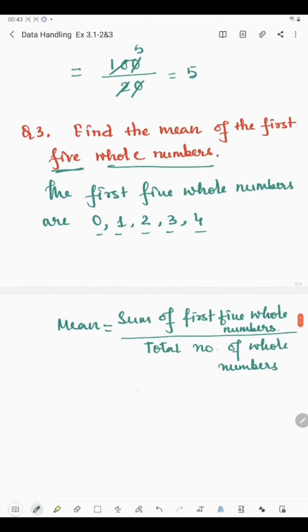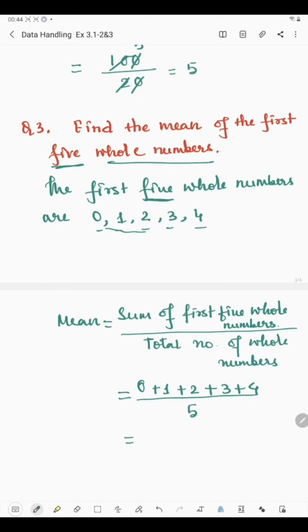Now the sum of first 5 whole numbers: these are the 5 whole numbers, so 0 plus 1 plus 2 plus 3 plus 4. Now total whole numbers are 5, so the sum of first 5 whole numbers is to be divided by 5.